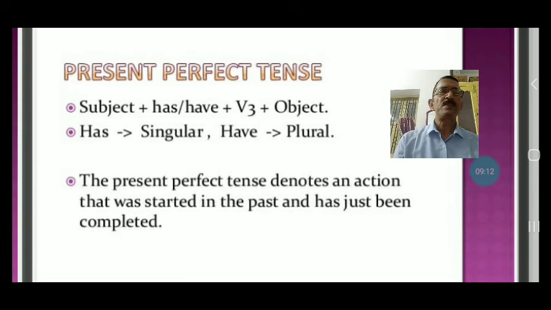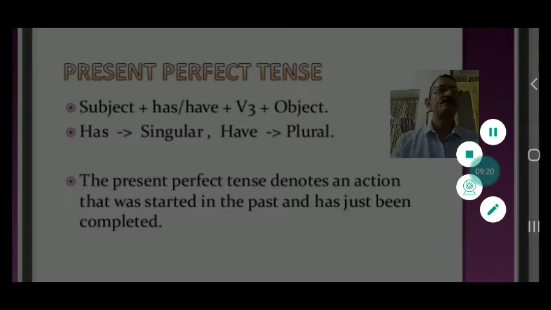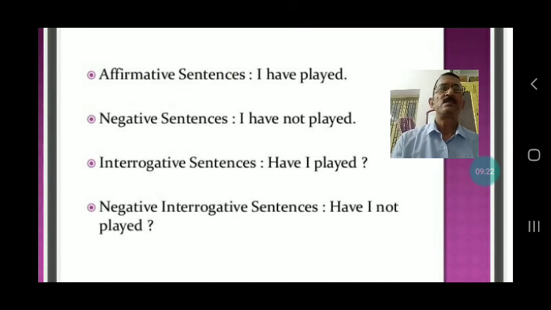So the present perfect tense denotes an action that was started in the past and has just been completed. Now the affirmative, I have played; negative, I have not played; interrogative sentence, have I played? And negative interrogative, have I not played? So it is all about that.